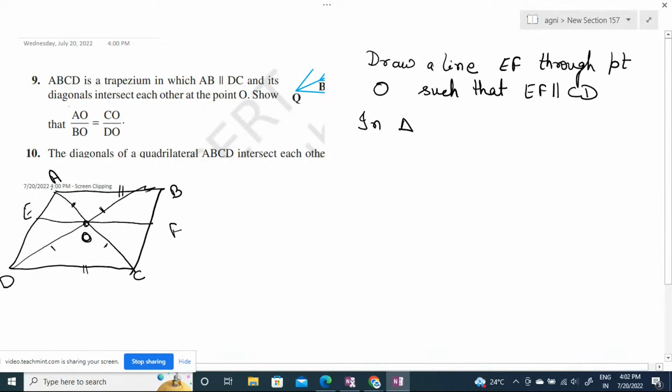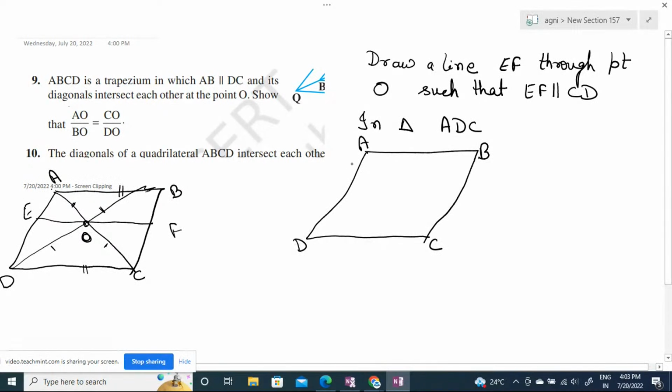Now in triangle ADC, you can see like this. If this is a trapezium, this is A, this is B, this is C and D. And for example, this is a diagonal.